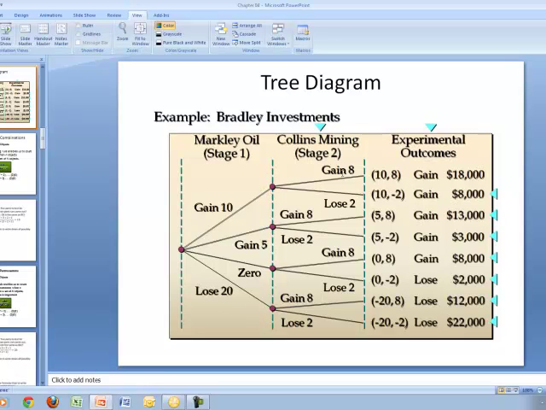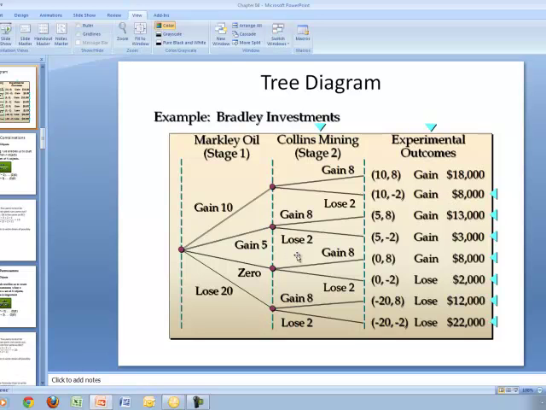We will gain 8 or lose 2. Hence, if we follow this all the way through, look at the first branch. It will be a gain of 10 from Markley and a gain of 8 from Collins, for a total gain of 18. But another possibility is a gain of 10 from Markley and a loss of 2 from Collins, for a net gain of $8,000.